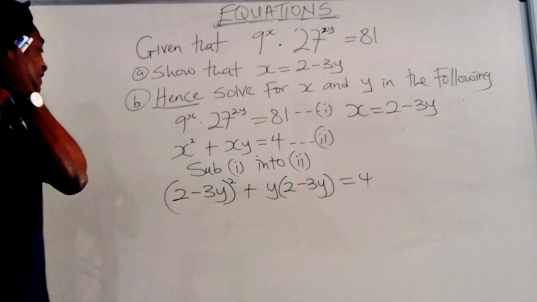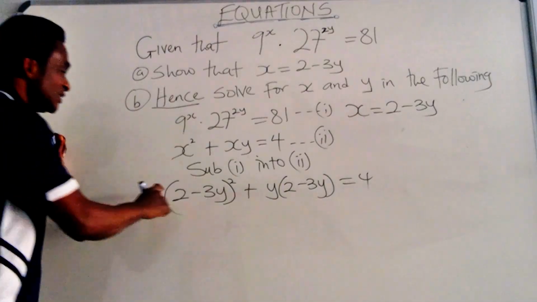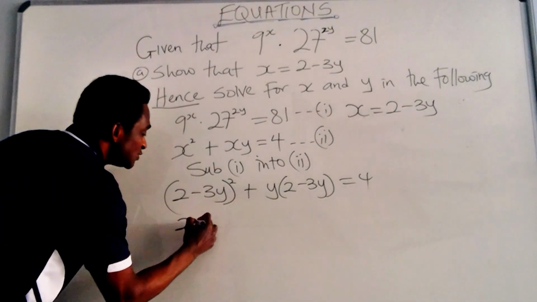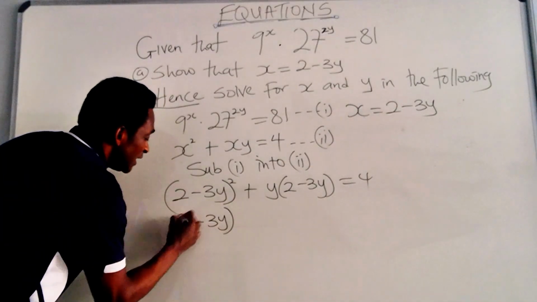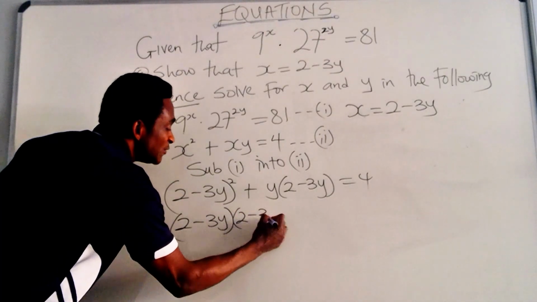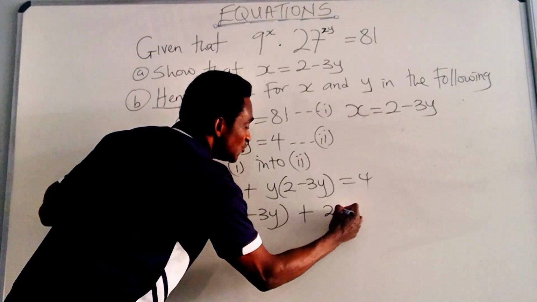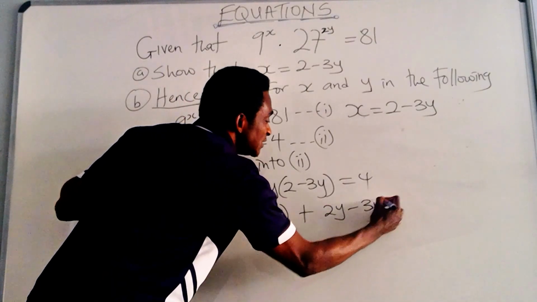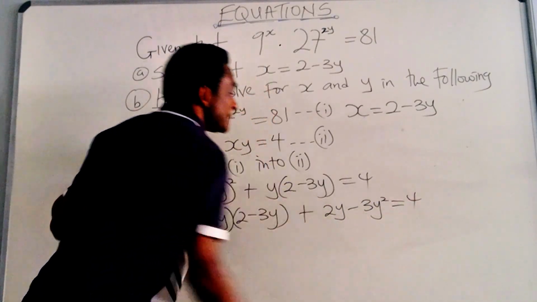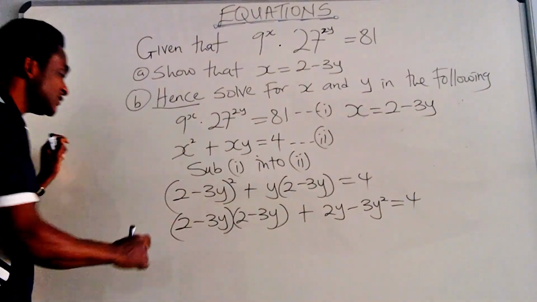We now simplify this and solve. Remember this is 2 minus 3y in two places, 2 minus 3y, plus here we have 2y minus 3y squared equals 4. So let's simplify this fully.